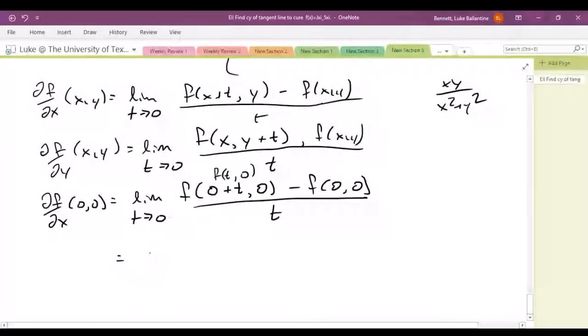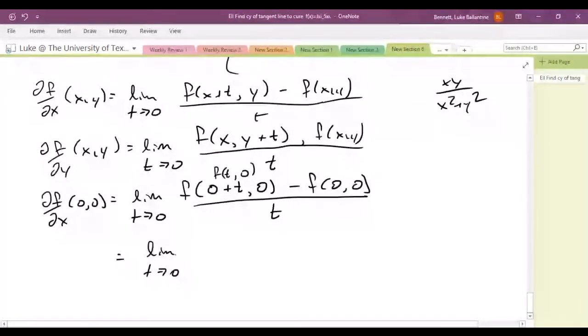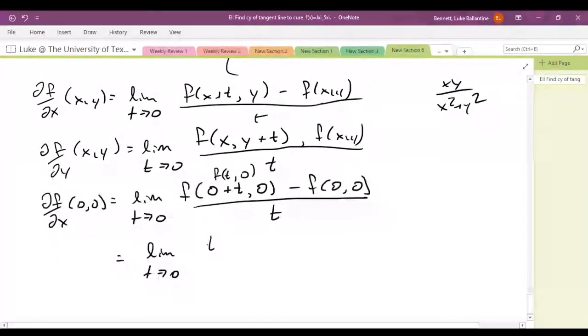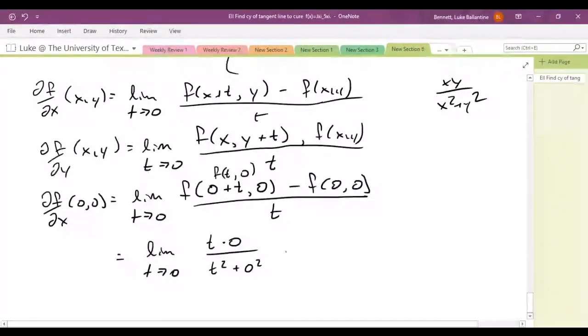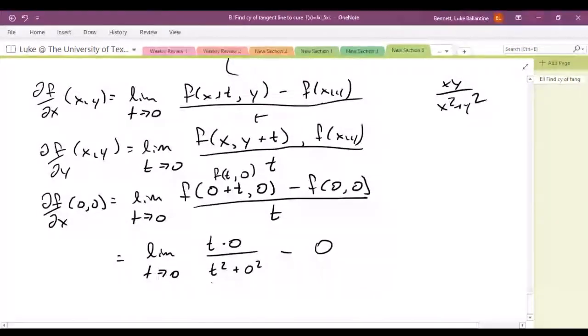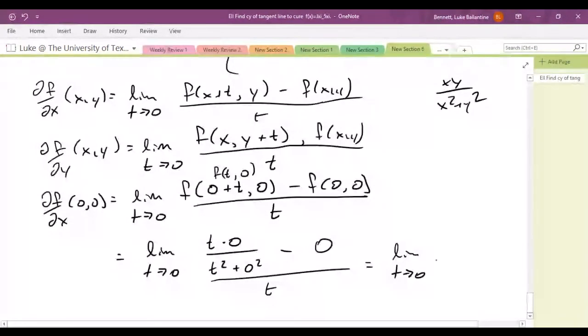So this is going to be the limit as t approaches 0 of f of t, comma 0, so that's going to be t times 0 over t squared plus 0 squared. F is 0 at 0, 0, right? It's piecewise defined to be 0 there, divided by t. So what do we get? We get the limit as t approaches 0.